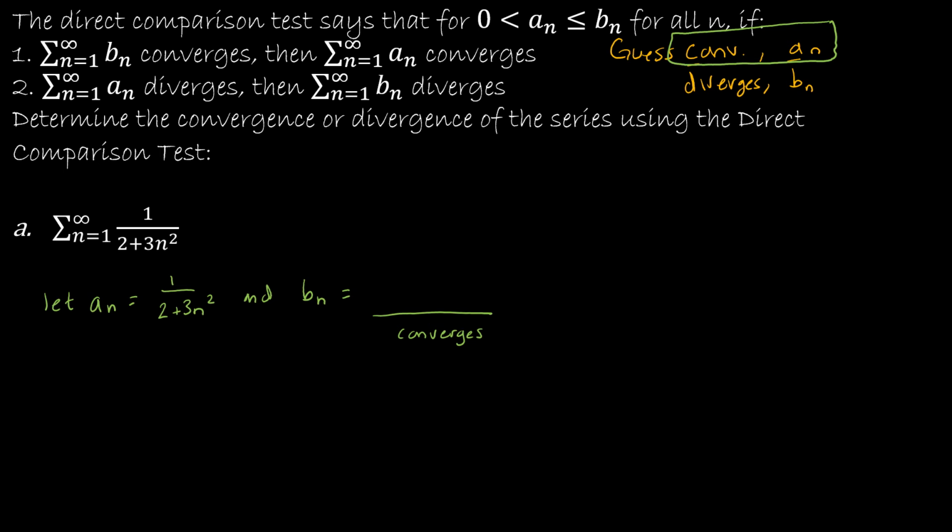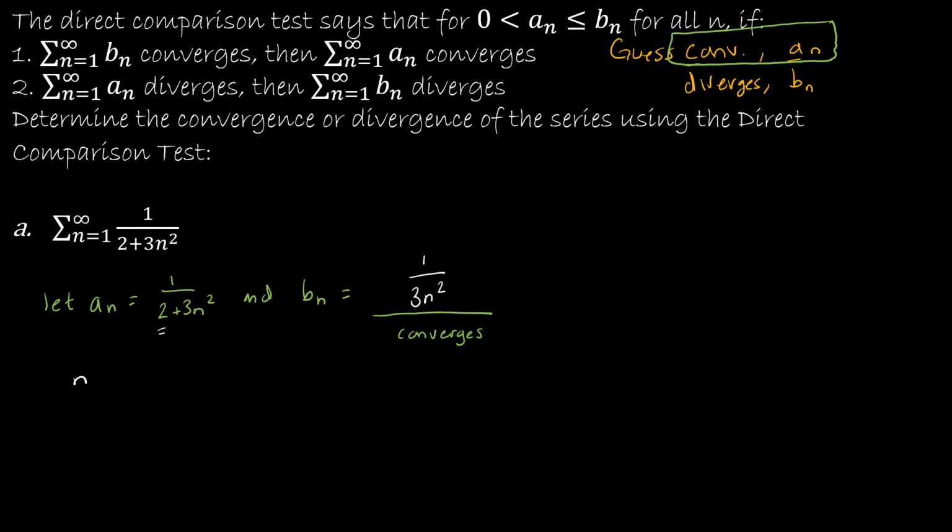Well, what if I compared this to taking this 2 out of it? What if I just compared it to 1 over 3n squared? Can I do that? Well, is that one of my tests? So if b sub n can be written, let's go ahead and first of all, sorry, I got distracted.